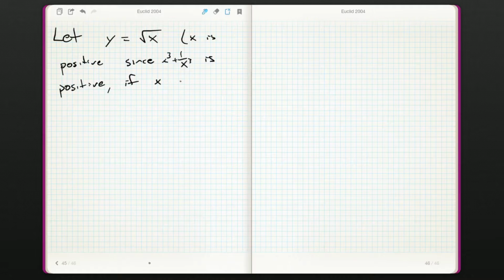If x were negative, this wouldn't be so. Okay.